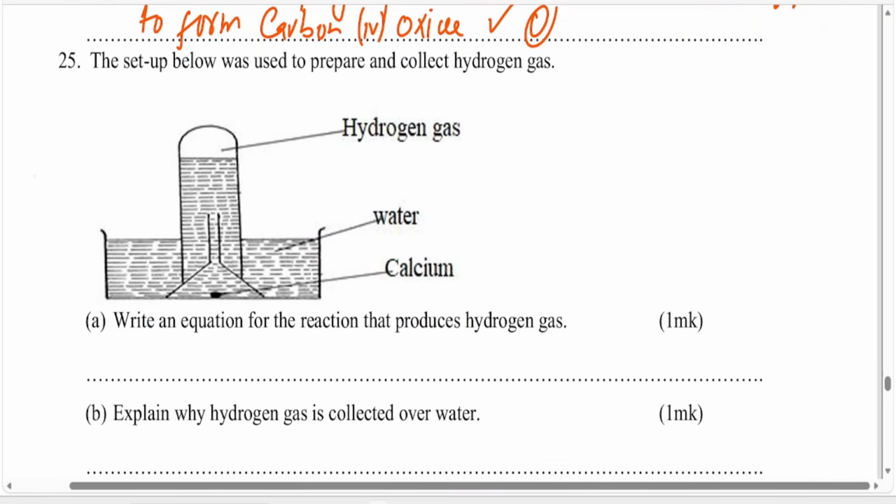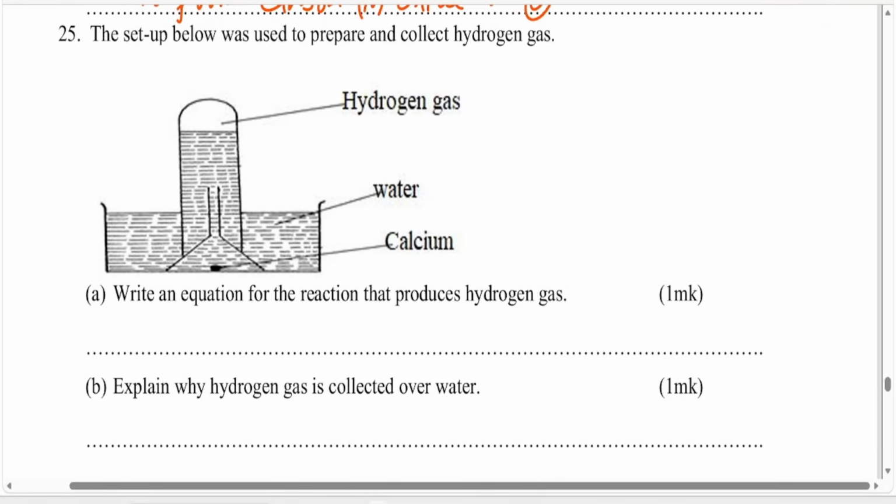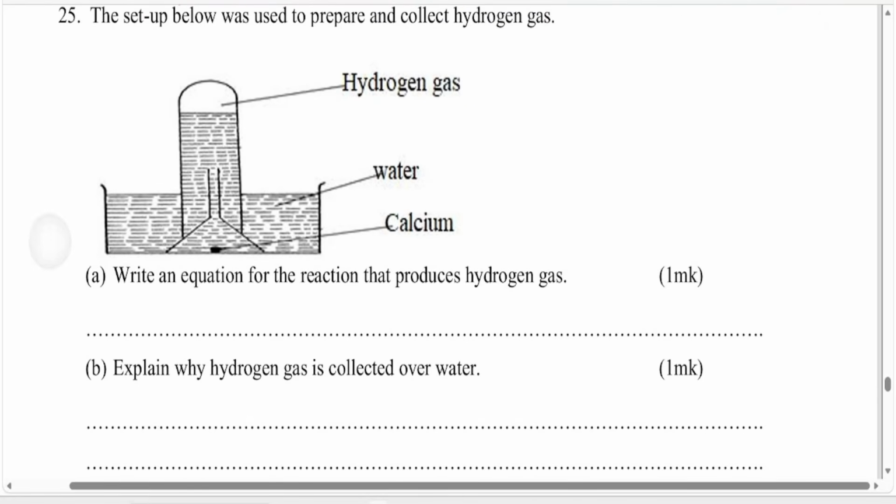The setup below was used to prepare and collect hydrogen gas. As we know, learners, we learned in Form 1 that whenever we want to prepare hydrogen gas, we have to react a metal and an acid.